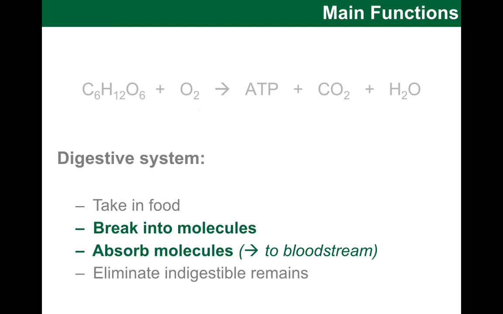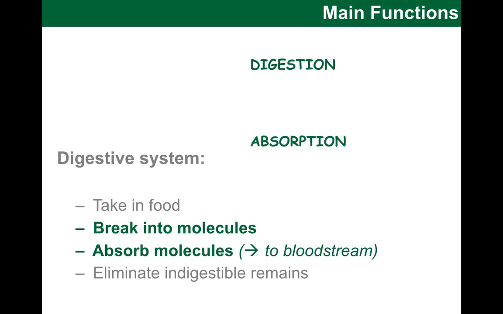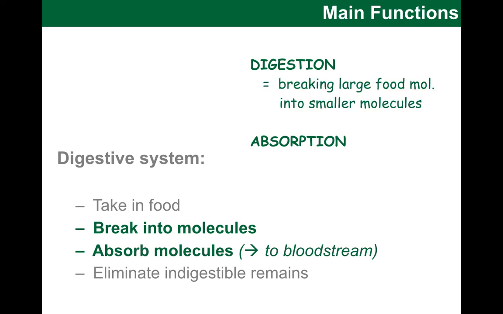And when we discuss this process, there are 2 terms that become especially important. So let's have a look at those. These 2 terms summarize the 2 key processes that happen. These terms are digestion and absorption. Digestion refers to the process where we break down the complex food molecules, which are too large for us to use as they are, into smaller molecules.